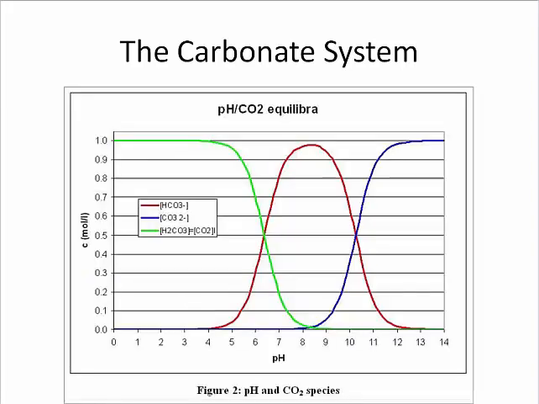In this figure, we are showing how each of the forms of carbon dioxide in water shift as a function of pH. The x-axis is pH, so you have decreasing concentrations of hydrogen as you go up in pH. And on the y-axis, we have a fraction of moles per liter. You can consider this as the percentage of each molecule that's present in the system.